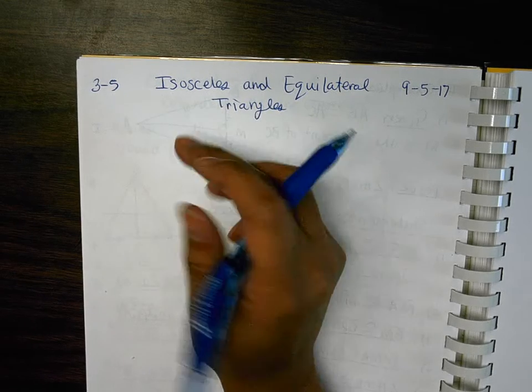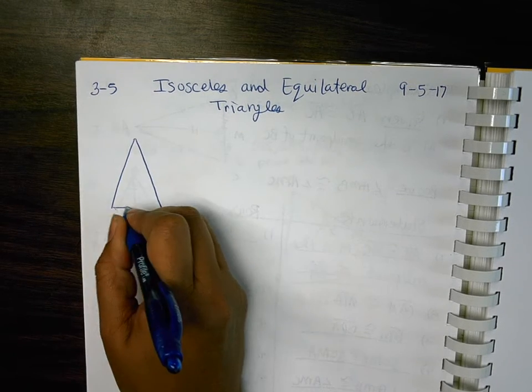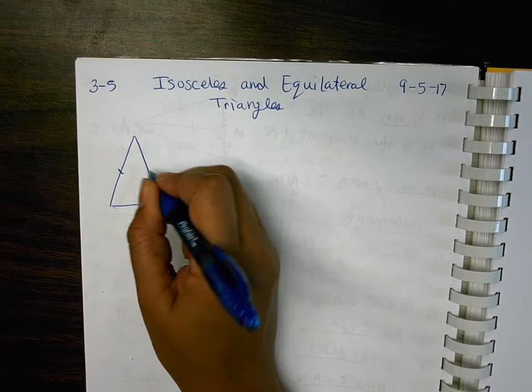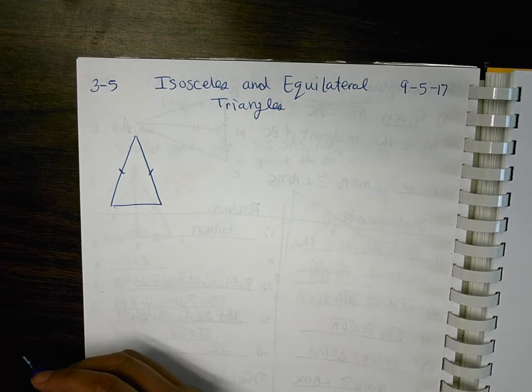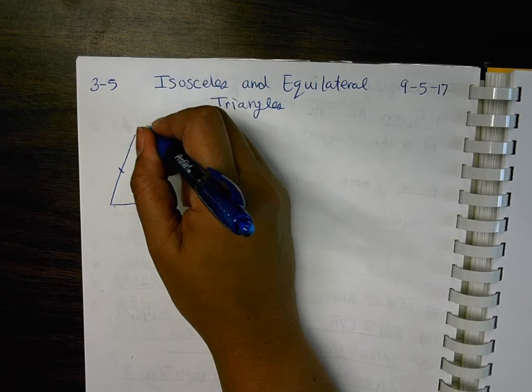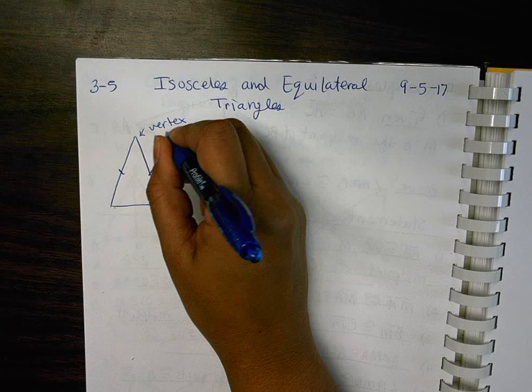Got it? All right. So if I have an isosceles triangle, I just want to get some names down. This is called the vertex angle.